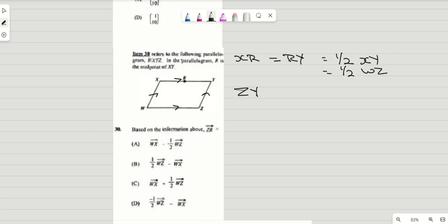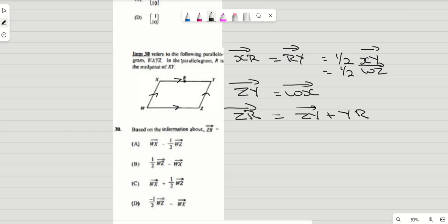Then we have ZY is the same thing as saying WX, right? We have to just make sure they're going in the same direction, guys. So now that we wrote out all this, when they ask for ZR, ZR is equal to ZY plus YR, right? And now we know that ZY is WX, plus YR.